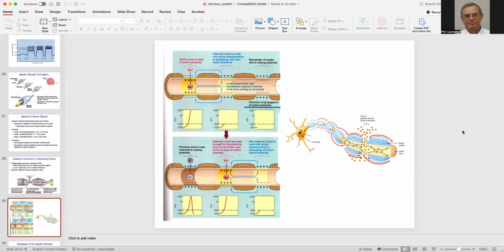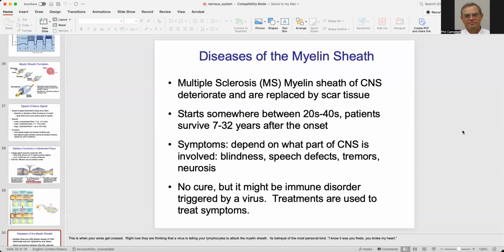It's going to take approximately 2 days to get from here to here. Okay? You'd be dead by that point, right? So it works, but there has to be regularity. You have to have these nodes of rendezvous in order to maintain the speed, right? If you have too much, it doesn't work, right?